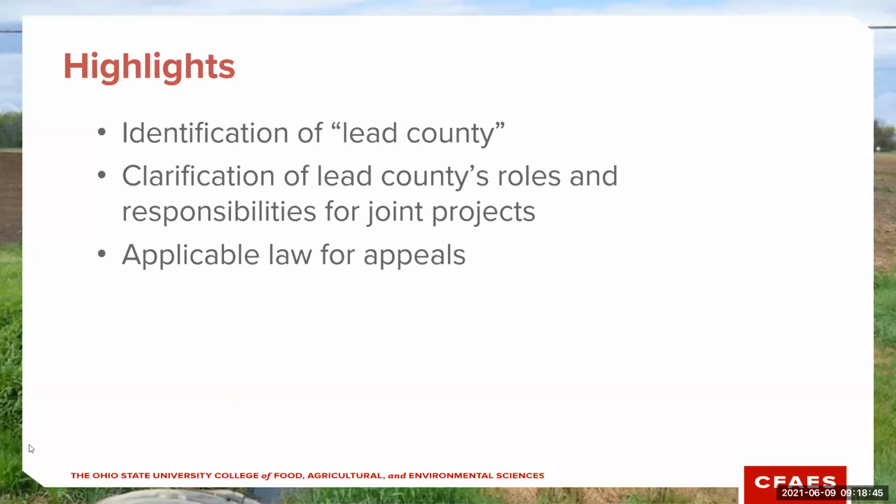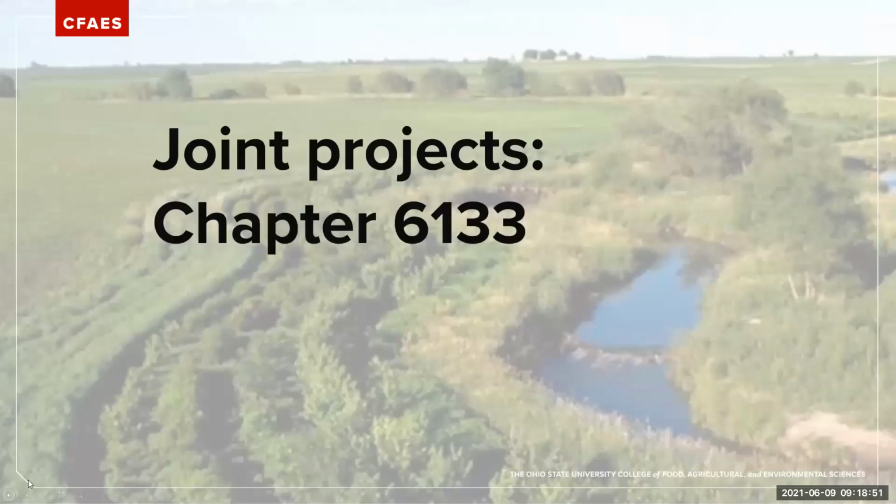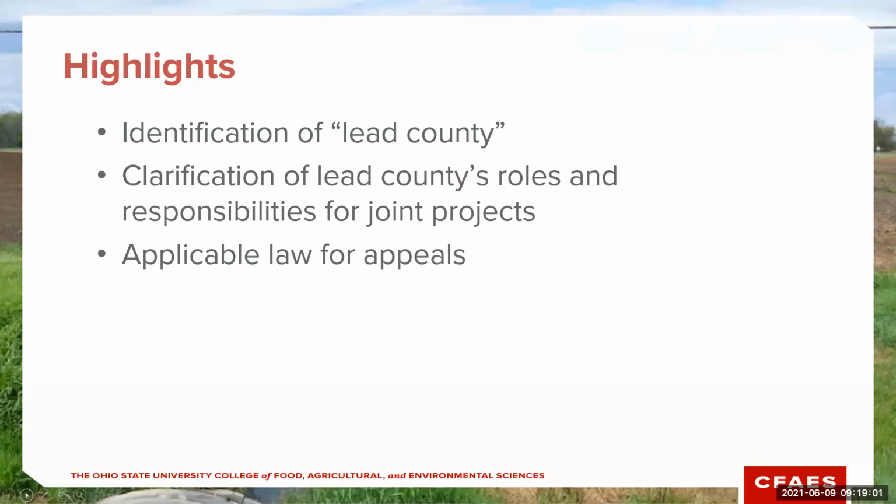Now, when we go over to 6133 is where we are. We're looking at those joint projects that span more than one county. There were a lot of problems in the past with counties kind of bickering over these projects. So what we did was identify a lead county, so that the lead county is going to basically take the lead on the petition.